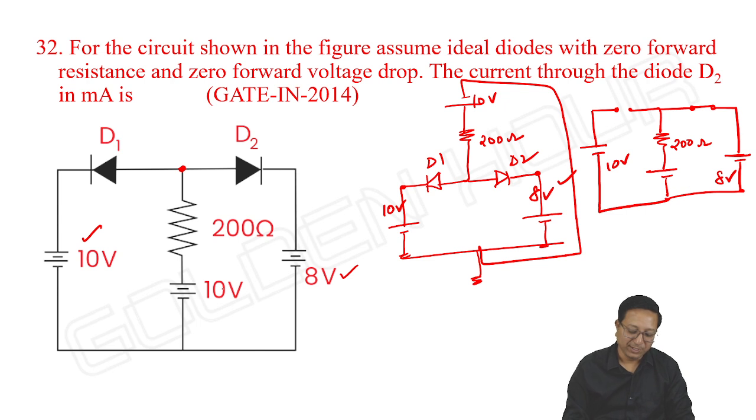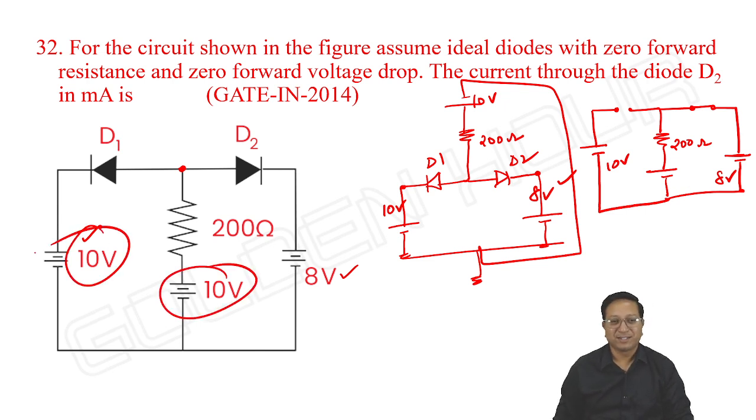And one more thing, here it is 10 and it is 10, so definitely the voltage here will be less than 10, so D1 will be off. In that way also we can say. But anyway, we know the general procedure: when anodes of two diodes are at the same potential, then the diode with the lowest cathode voltage only conducts. That's the statement I gave.